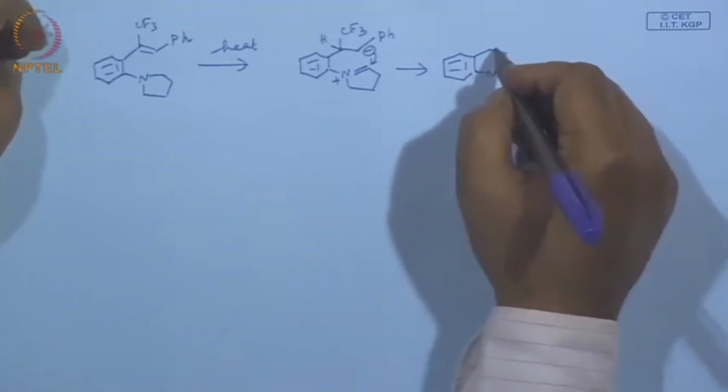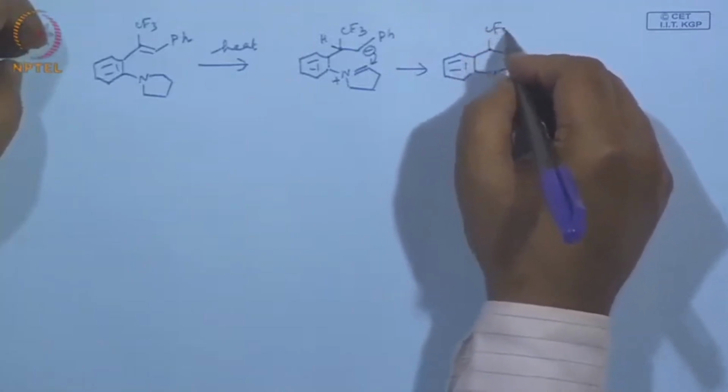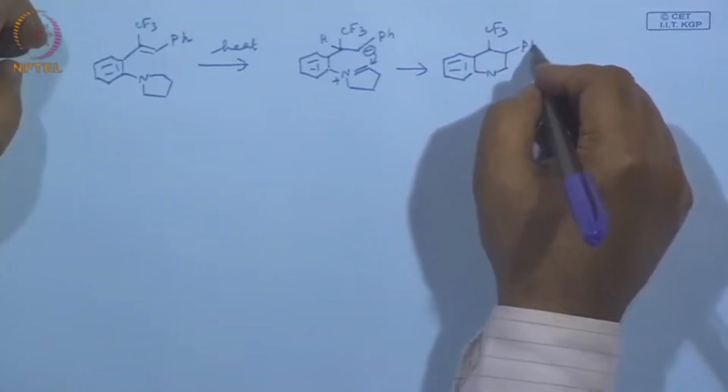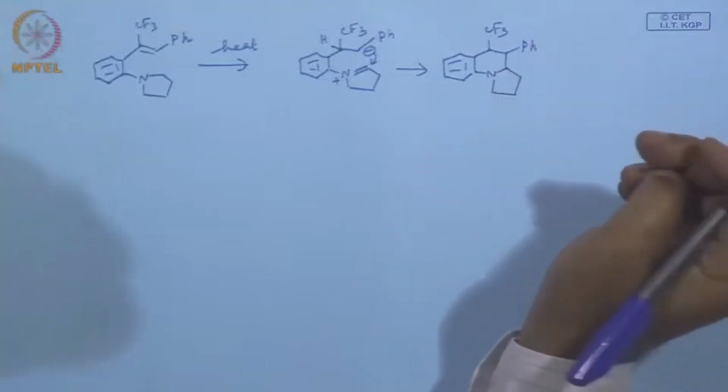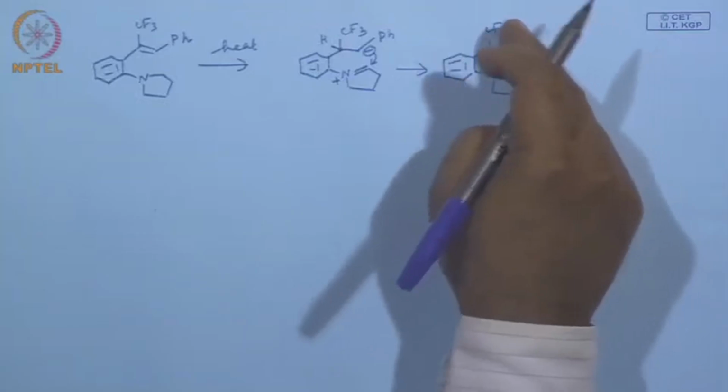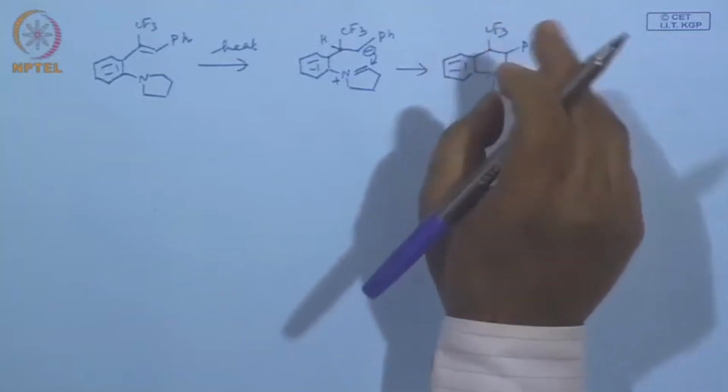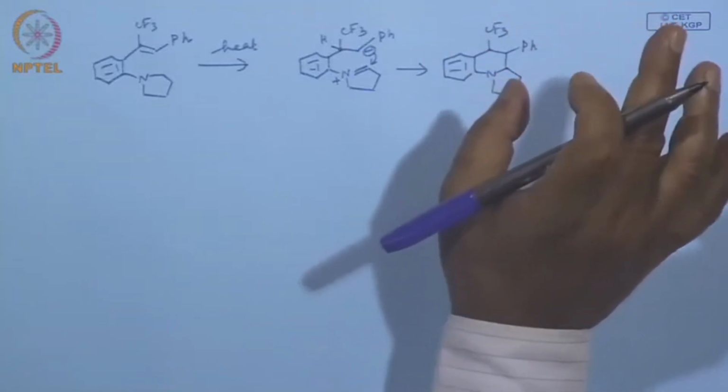It is a quinoline derivative. Now, you see it is a phenyl substituted quinoline derivative, and then you have all kinds of things here. And then there are questions about the stereochemistry here. Normally, you get cis and trans. Very occasionally, you will get a pure product in this. Okay.